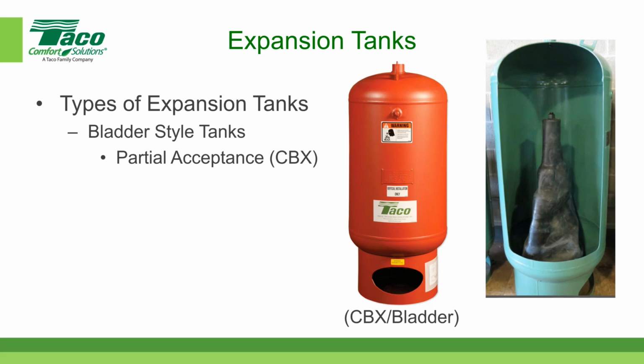So if the steel container holds 100 gallons, we can safely put in, if the bladder had 50%, about 50 gallons. So typically in a partial acceptance tank, the bladder can only expand to some percentage of the full steel container. And in our series, those are the CBX.